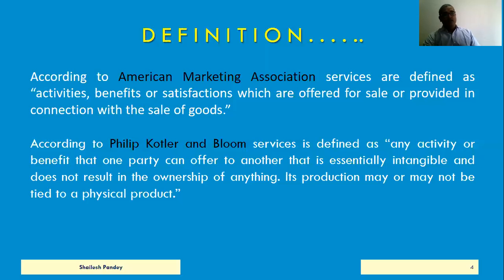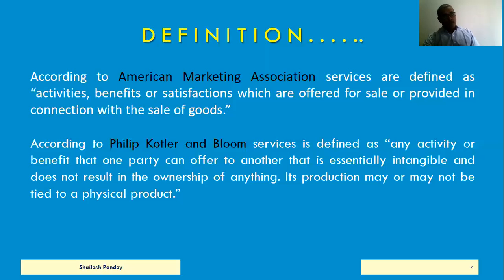In the definition of Philip Kotler and Bloom, they are mainly highlighting two important characteristics of the services. So they are saying that if the service is offered, the service must be intangible. What is the meaning of intangible? The meaning of intangible is you cannot see and you cannot touch that, and does not result in ownership of anything.